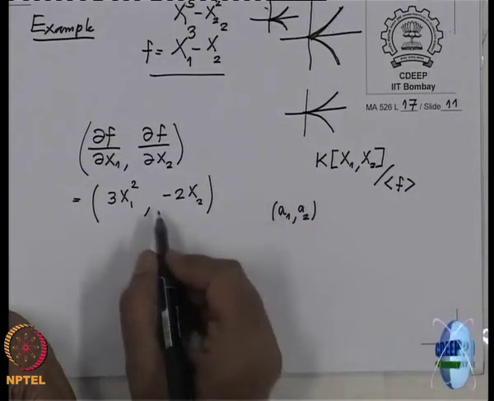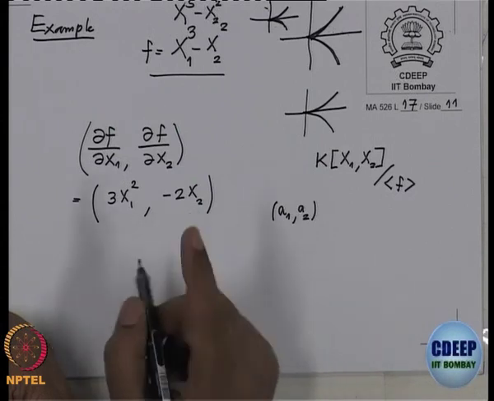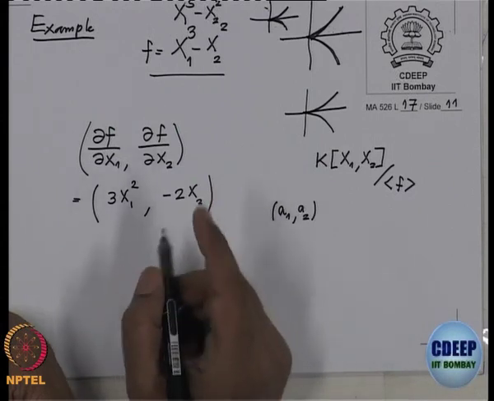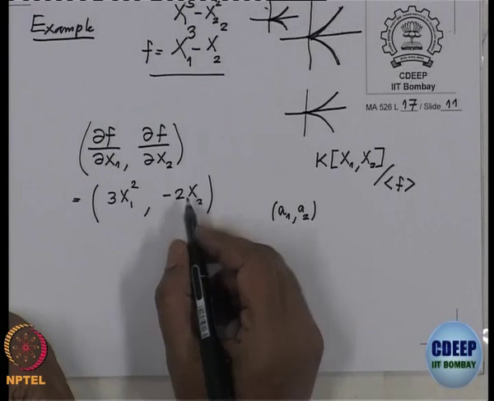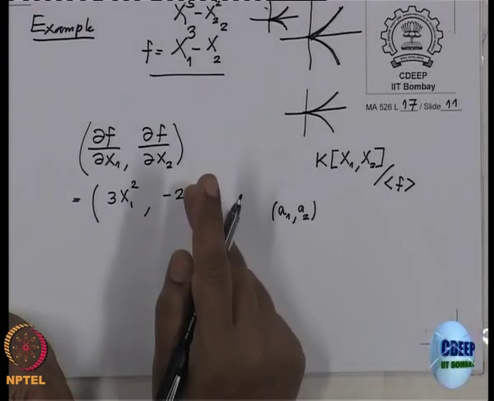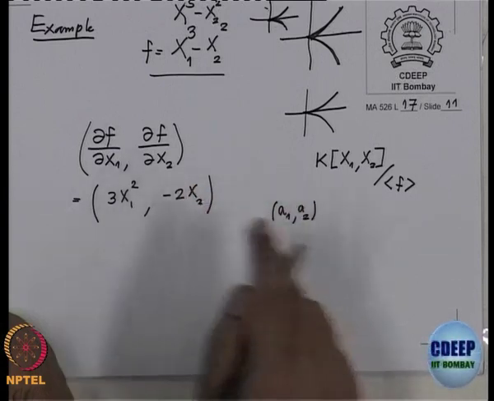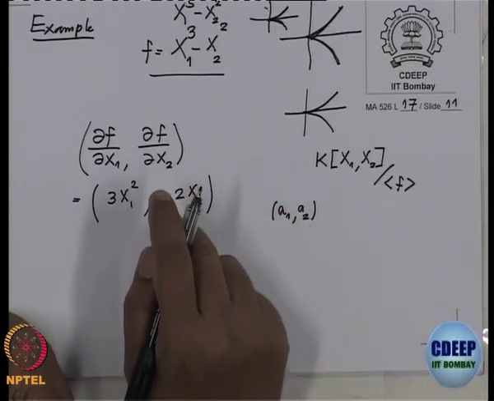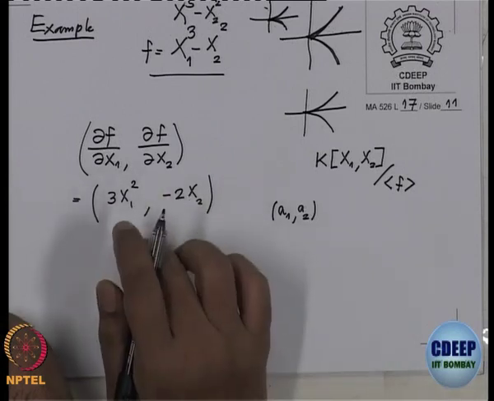When I plug it here, the rank should become 0, right. So, that means this x2 is already 0; at this point, the rank should be 0 or 1, that is the only question, right.